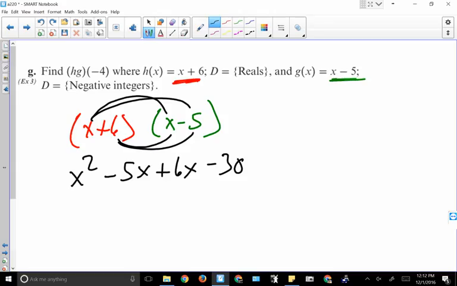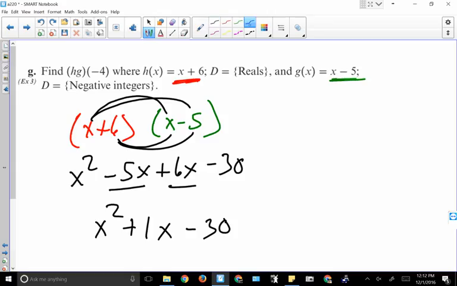Yes? Add like terms in the middle here. x squared minus, that wouldn't be minus, that would be plus 1x, correct? Minus 30. So now I've got the function that's been multiplied together.